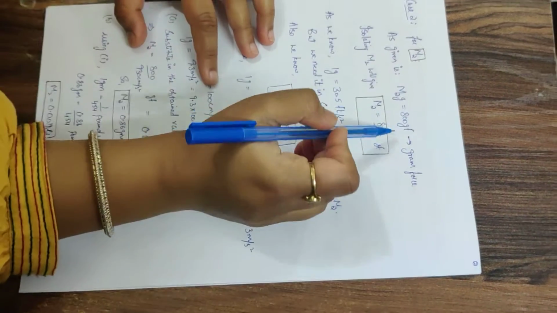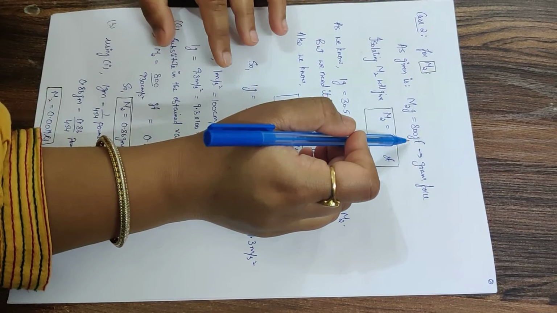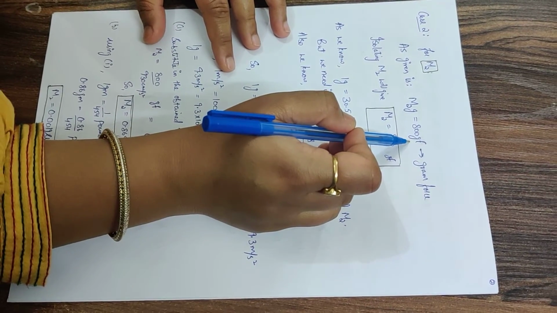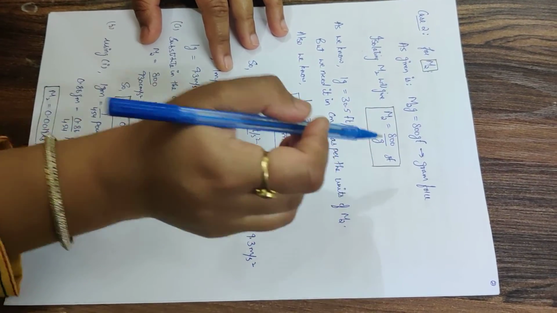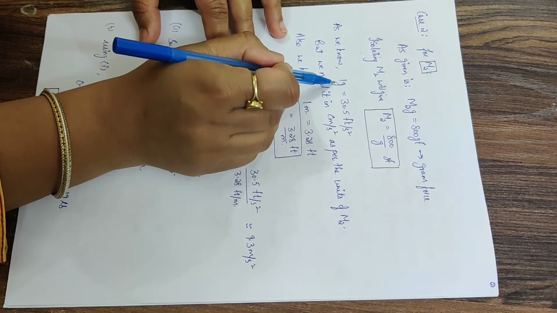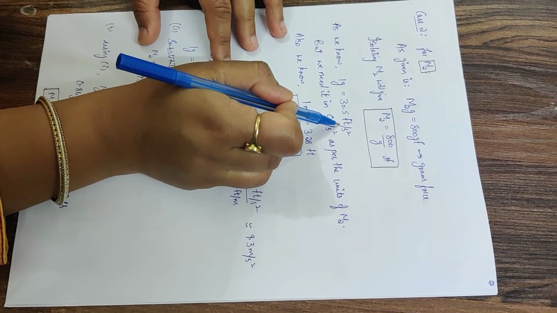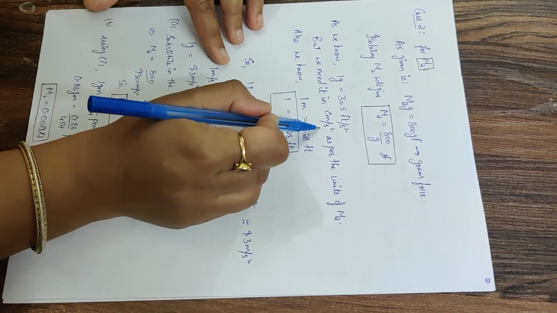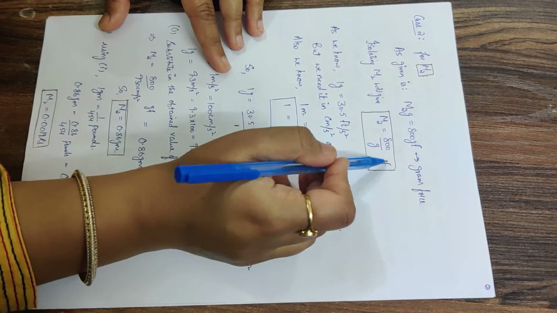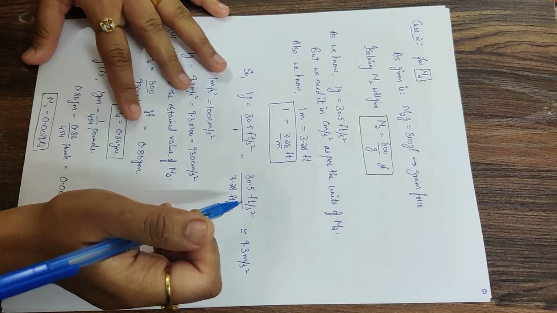But as we can see, gram force is a CGS unit, so first of all we need to convert this acceleration due to gravity from feet per second square into centimeter per second square, so that the units can match and we can divide.